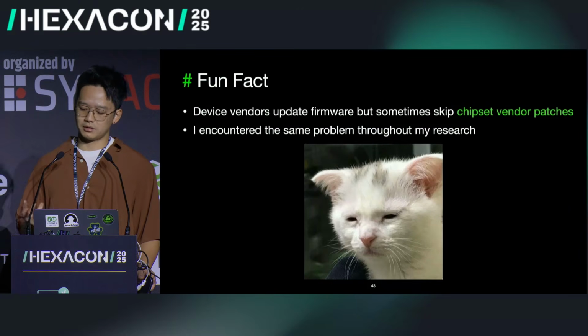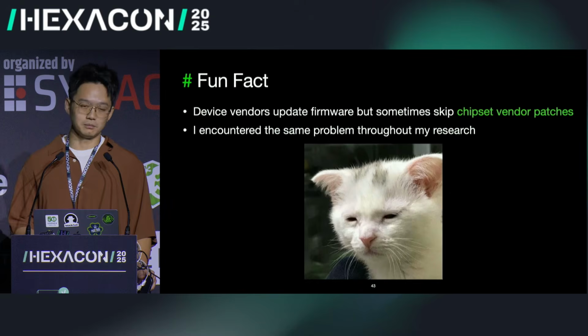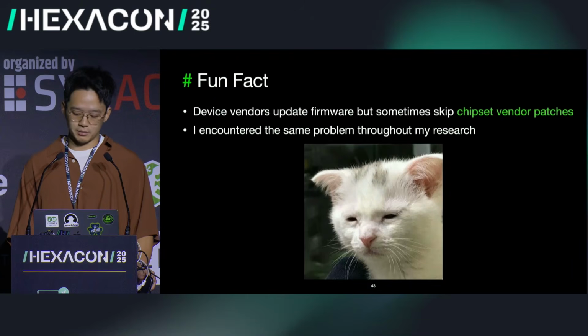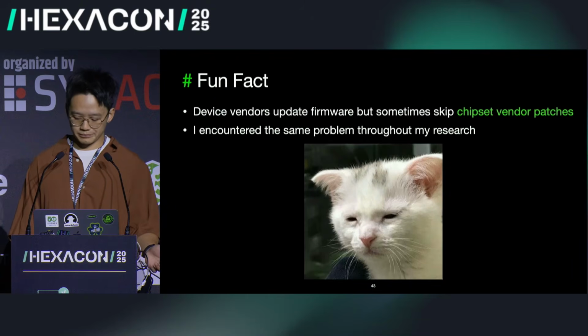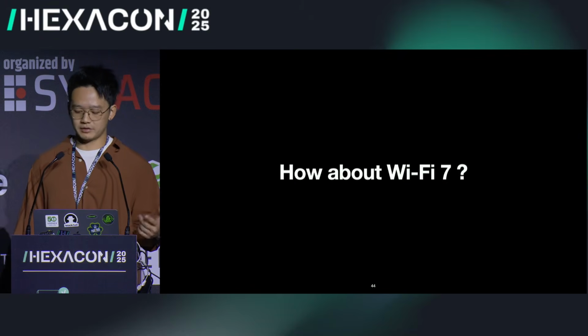Moreover, MediaTek told us that they can't provide the newest SDK to us, only to their customers. So I'm not sure if the vulnerabilities I found are 0 days until MediaTek validates them. We didn't find any other vulnerabilities in Wi-Fi 6 MCU firmware, but that won't stop me.